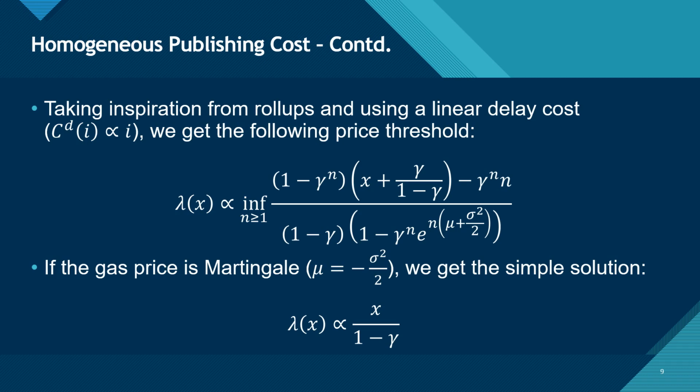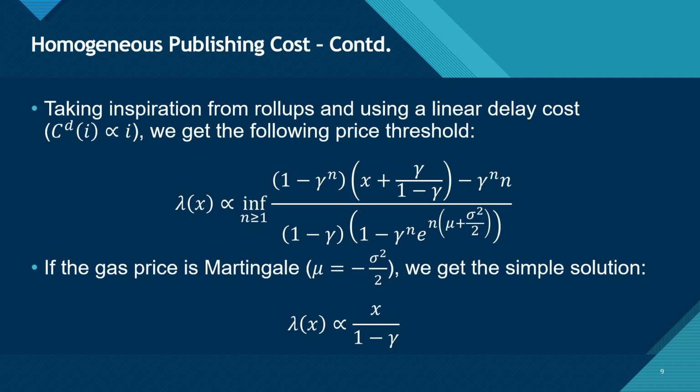But also, if the discount factor is very large, then we have no reason to wait, because we expect the next gas price to be the same as now. We don't expect the discount factor to have much implication on how much we pay. So there's no reason to not publish just now. So if you take, for example, gamma equals 1, we get an infinite threshold, and we just always need to publish if we have no discount.